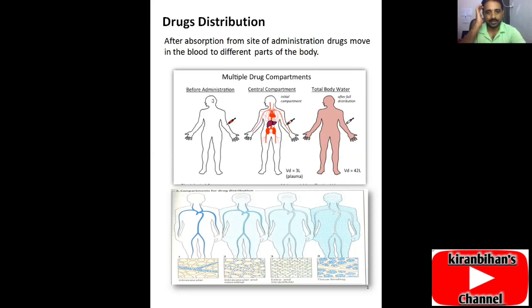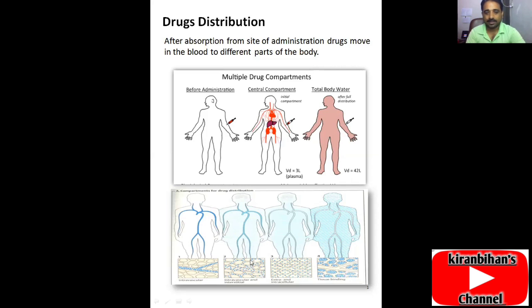In this figure, you can see the blue dots represent the drug. This is the vessel. Heparin is an example. Heparin is a drug which remains only in the blood, so the volume of distribution of heparin will be 3 to 4 liters.